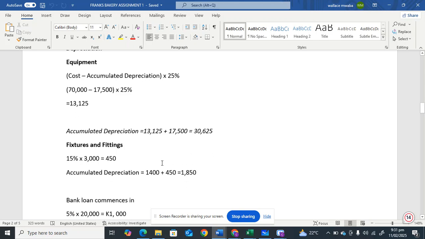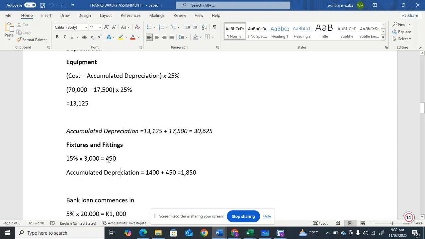We calculated the depreciation expense, then we added it to the provision for depreciation, which is also called accumulated depreciation. As I said, every time you calculate the depreciation expense, you add it to the accumulated or provision for depreciation.